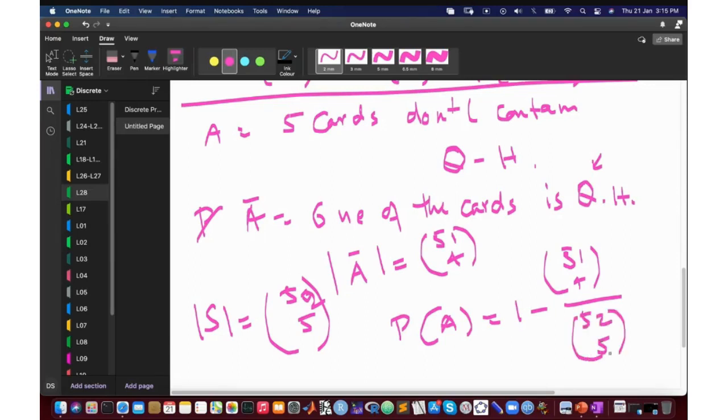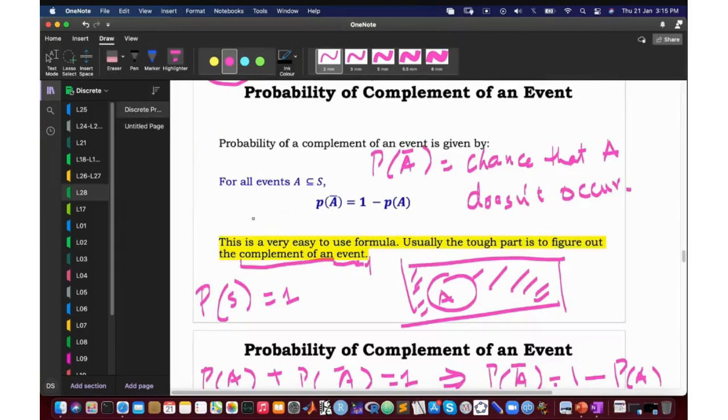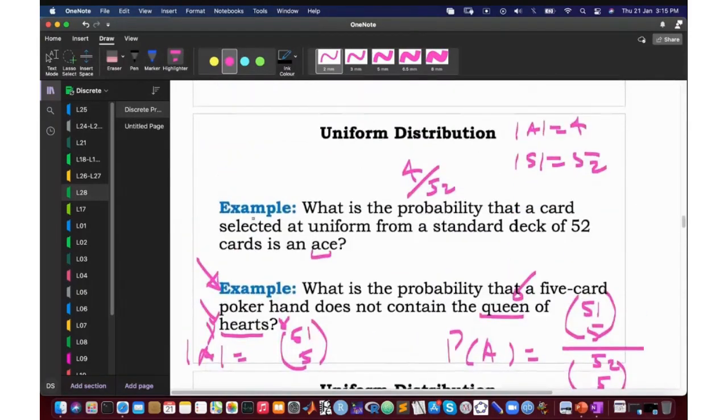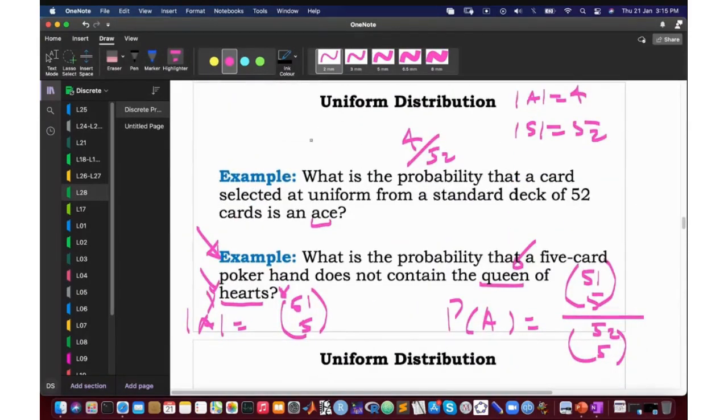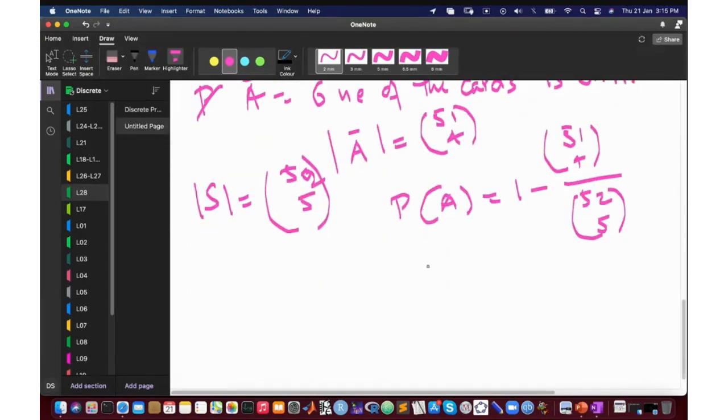5. और हमने उधर क्या probability निकाली थी? Where is it? It was 51 choose 5 divided by 52 choose 5. Do I get it here? So you have 50. This is choose 47 by 52.